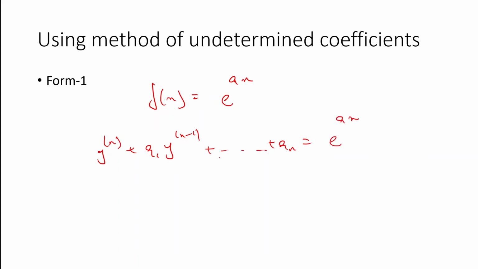Then we can rewrite this as (D^n plus a1 D^(n-1) up to an) times y is equal to e power ax.